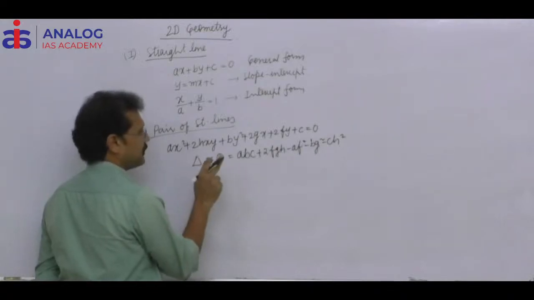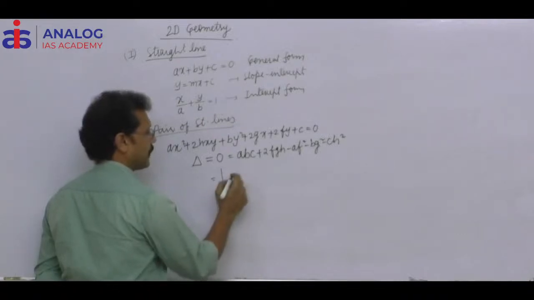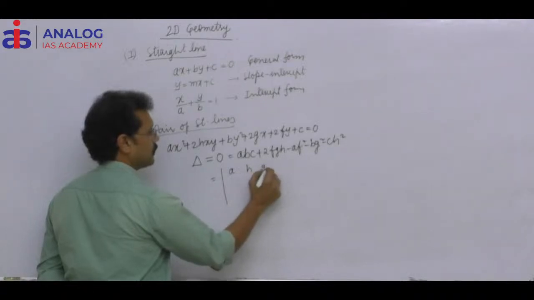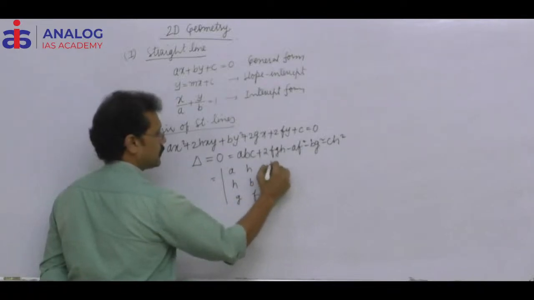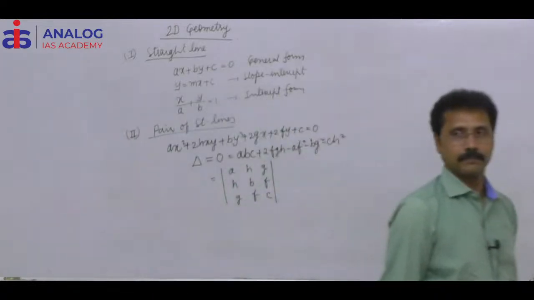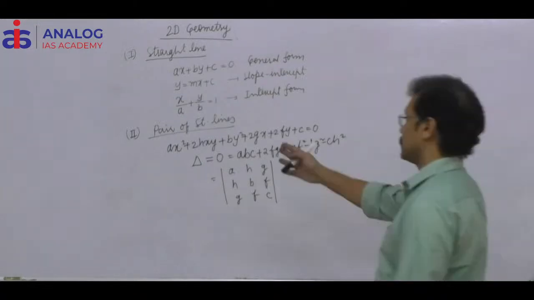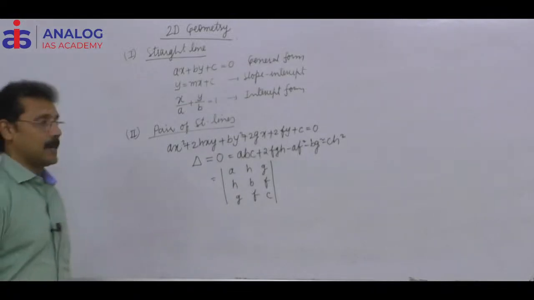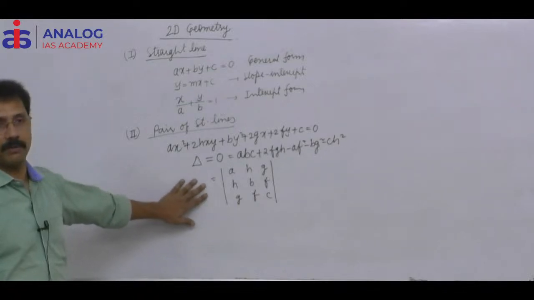If it is difficult for you to remember this one, this is also a determinant: a, h, g; h, b, f; g, f, c. It's nothing but the same determinant. The determinant of this gives me that one. You have to remember, there is no other way out. You cannot say, no sir, I cannot remember. I am sorry.